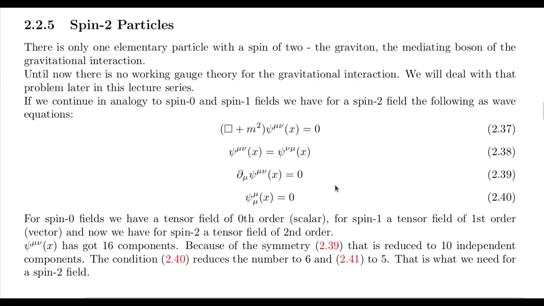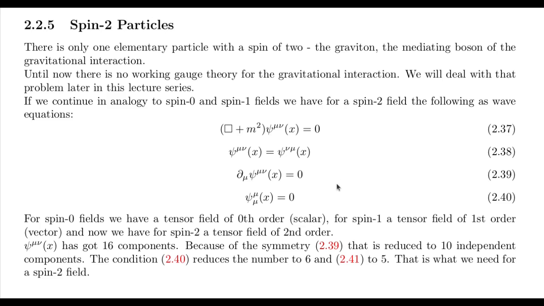Then spin 2 particles. There is only one elementary particle that has a spin of 2, the graviton. That is a mediating boson of the gravitational interaction.